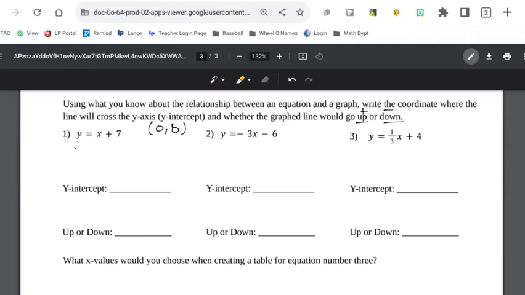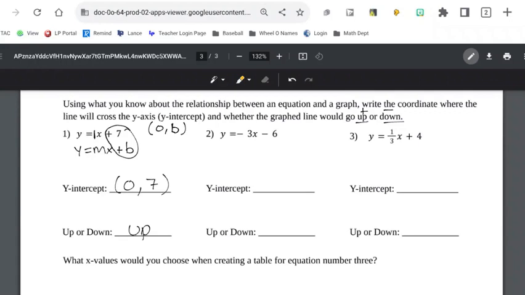So if we look at this, y equals mx plus b. So our y-intercept is this b term, which is always 0 for x and 7 for our y value. And then up or down. Well, if our slope is positive, which it's a positive 1, then it will go up to the right.